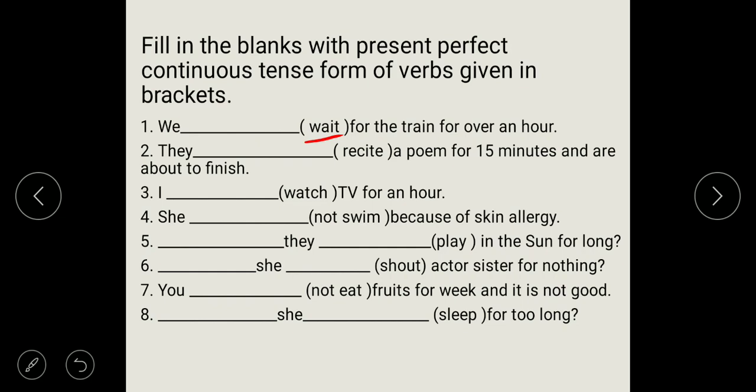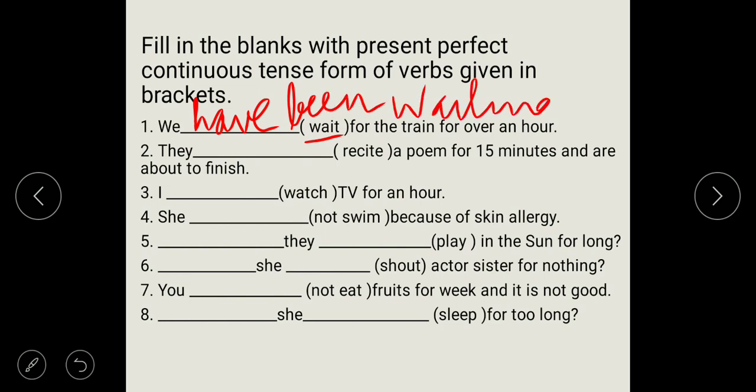We have been waiting. Second one also same. They have been reciting. Third one, I have been watching.